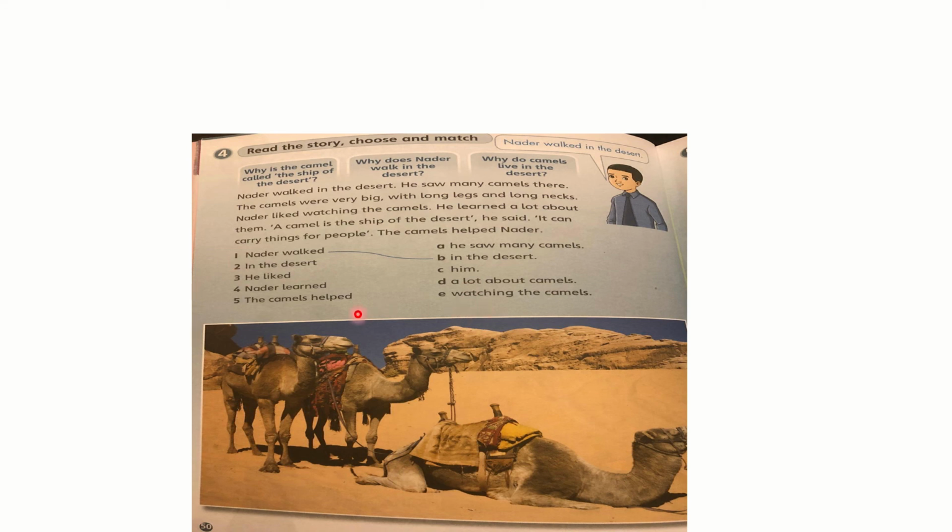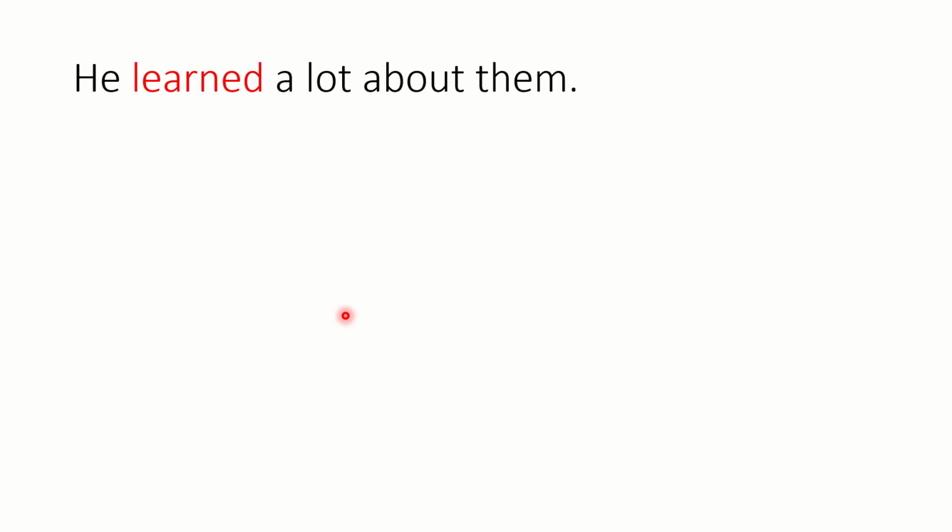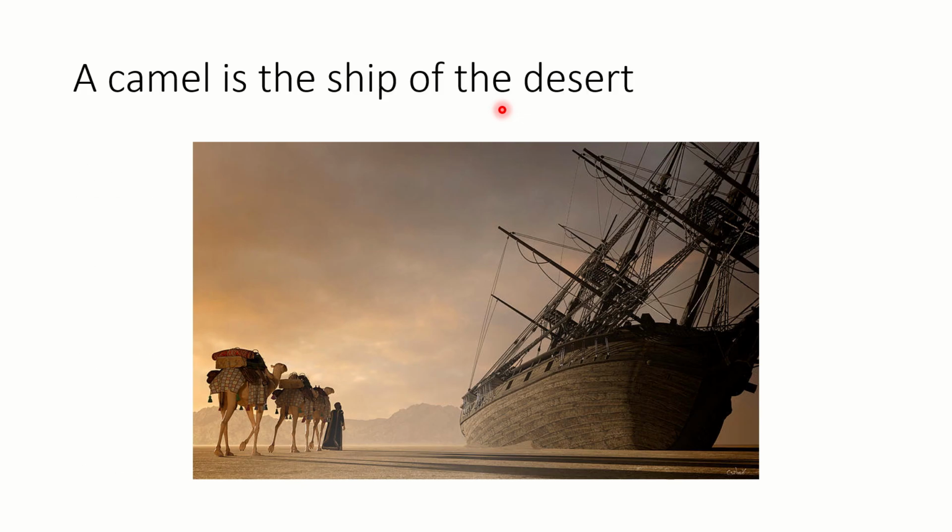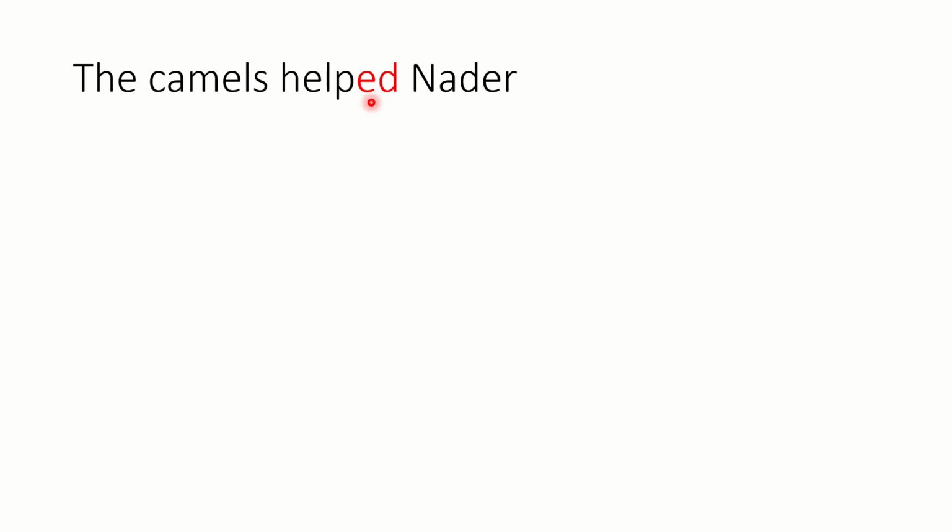But I want you to look at these verbs now. He learned a lot about them. A camel is the ship of the desert. The camels helped Nader.